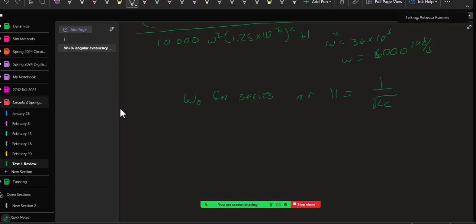So this is the resonant frequency for parallel or series inductor, resistor, capacitor, and this is when the impedance is purely real. So purely real, and another way of saying that is purely resistive.